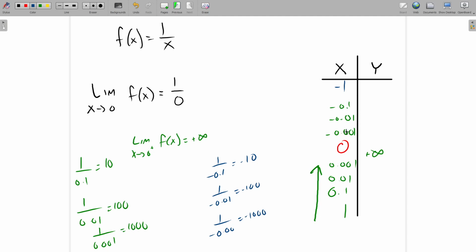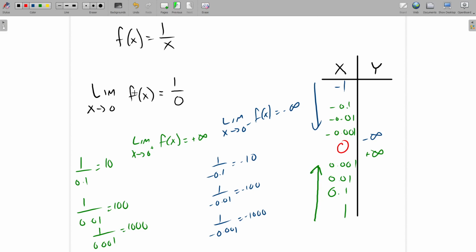So as I'm putting in numbers closer and closer to 0 from the negative side, the left-hand side, we can see that our result, a big number over a very, very small number, is giving us a very large negative number, meaning that as we approach 0 from the left-hand side, we're getting closer and closer to negative infinity. So the limit as x approaches 0 from the left-hand side of f of x is equal to negative infinity.